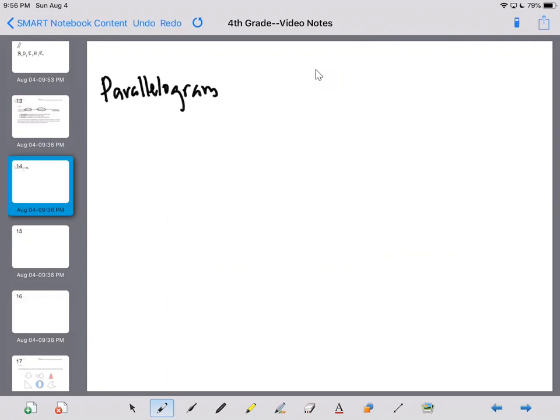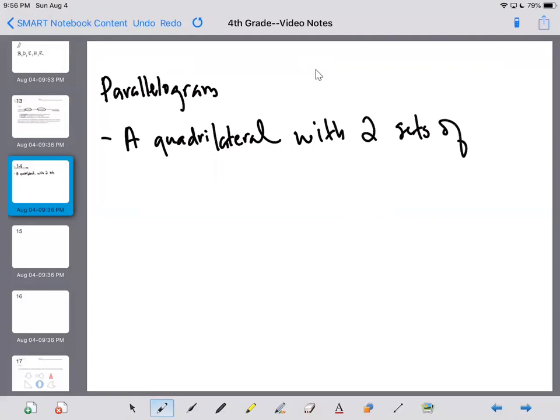So with the parallelogram, remember what we're looking for. It's a quadrilateral with what? With 2 sets of parallel sides.